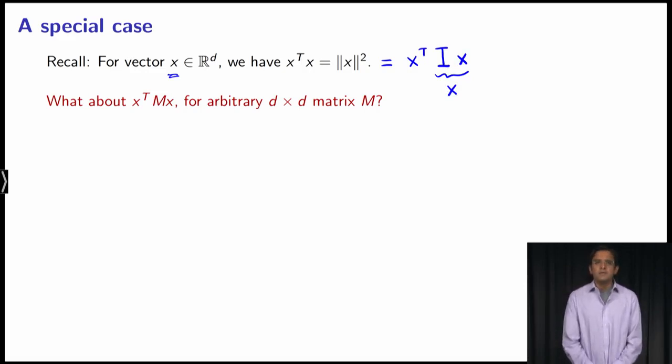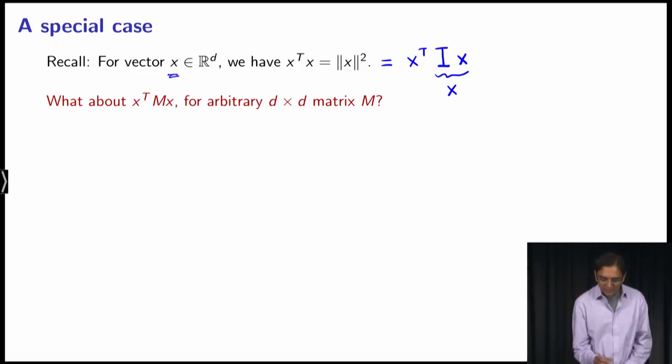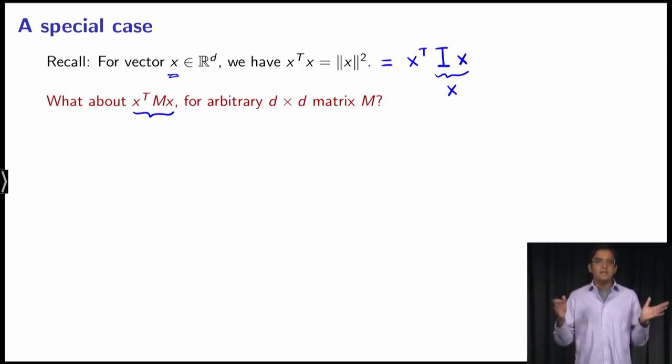Now the identity matrix is just a d by d square matrix. What if, instead of the identity, we put some other d by d matrix in the middle? What if we use x transpose Mx, where M is just any arbitrary d by d matrix?